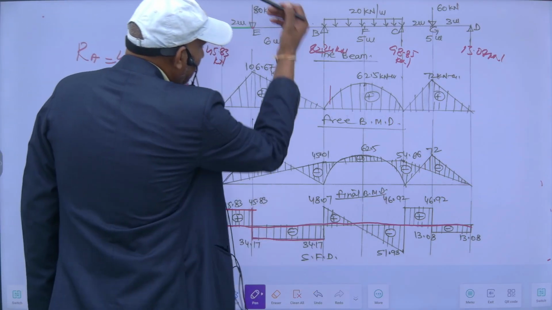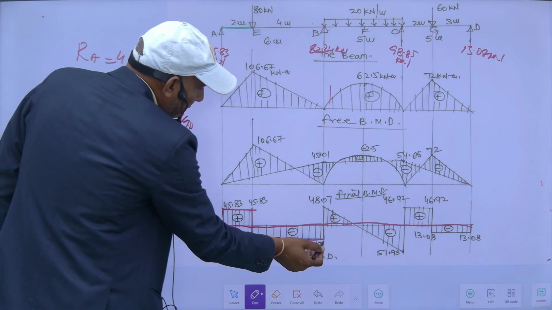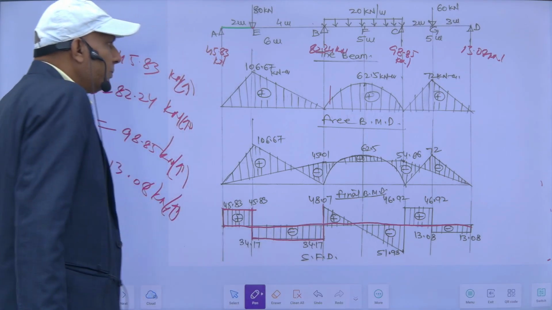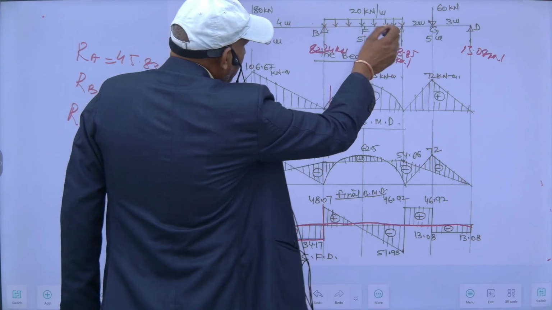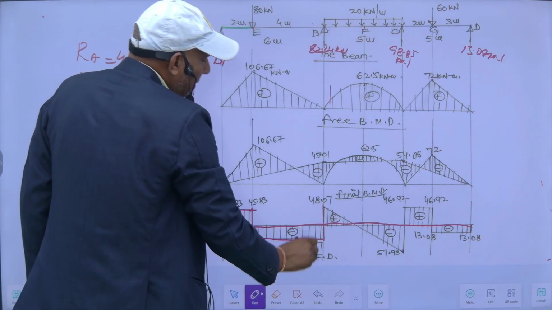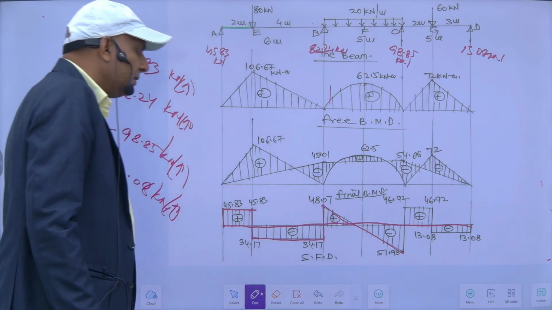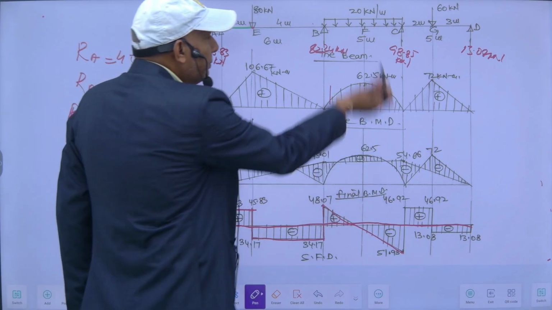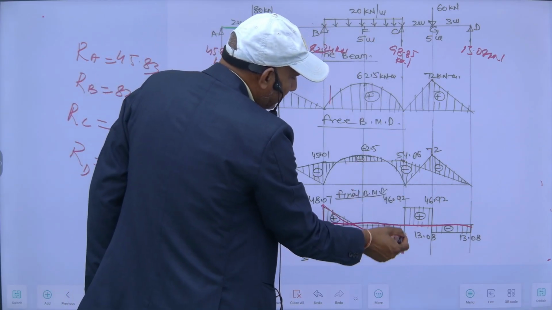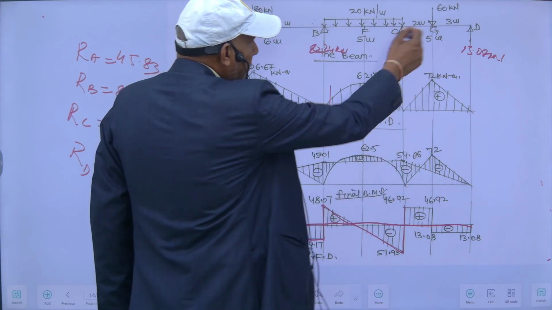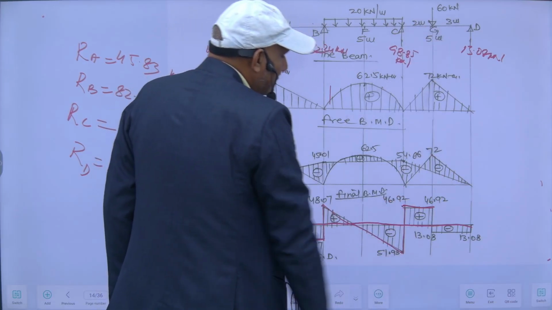Then again plus 82.24, so this will be 48.08. Then due to this load, 20 into 5, minus 100, is equal to minus 51.93. Then again plus 98.85, and from this to this it is constant 46.92.